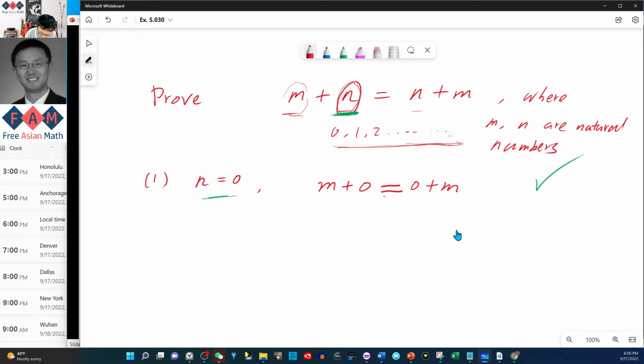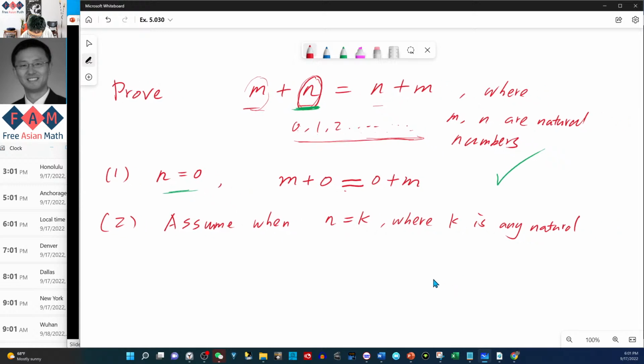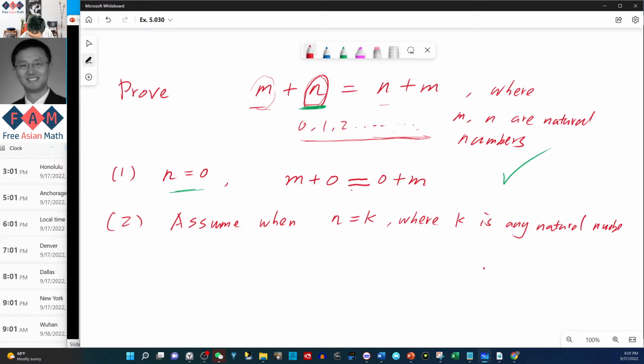Now the next step, assume when n equals k, where k is any natural number, we have m plus k equals k plus m, right?